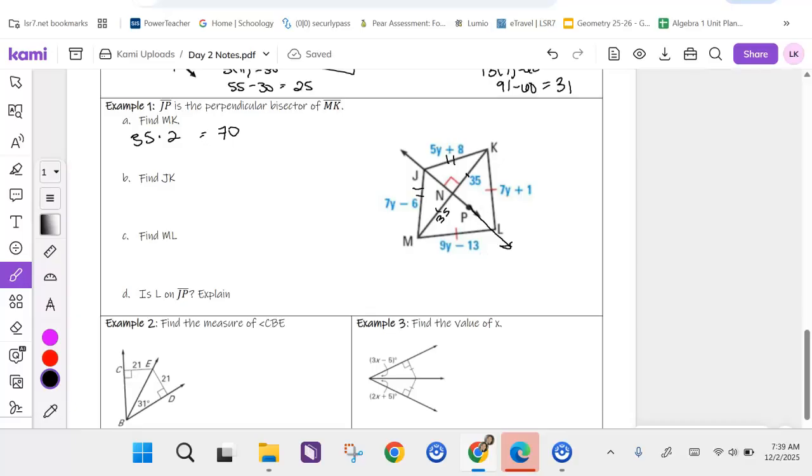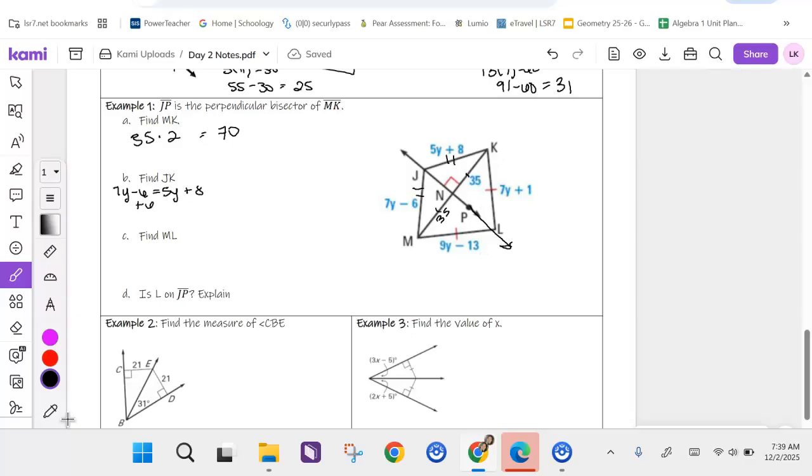Find JK. Well, first I need to find what y is. I know that these are equal to each other based on the theorem. And then that tells me that 7y minus 6 equals 5y plus 8.